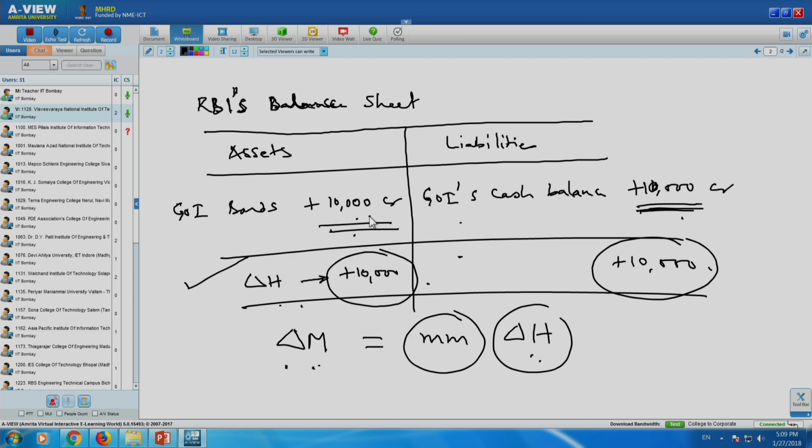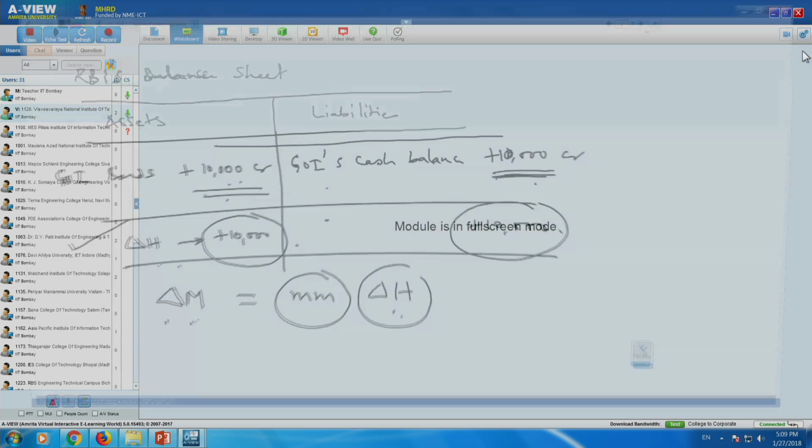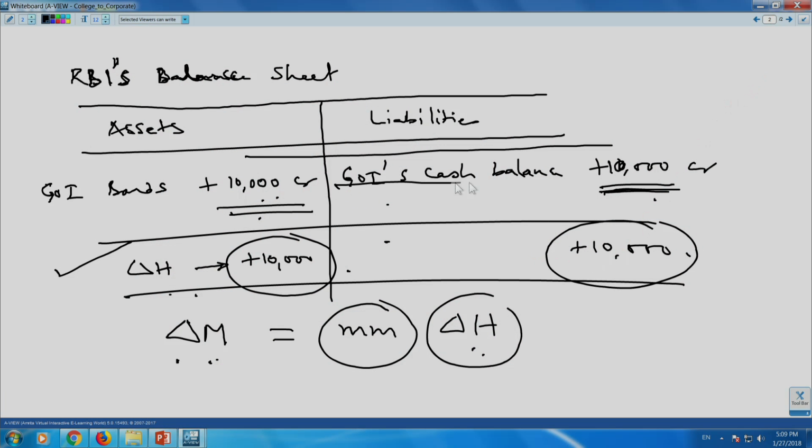Banks also hold deposits with RBI, and those deposits are liabilities. So when banks present the check, the Reserve Bank credits their account with itself by 10,000 crores.